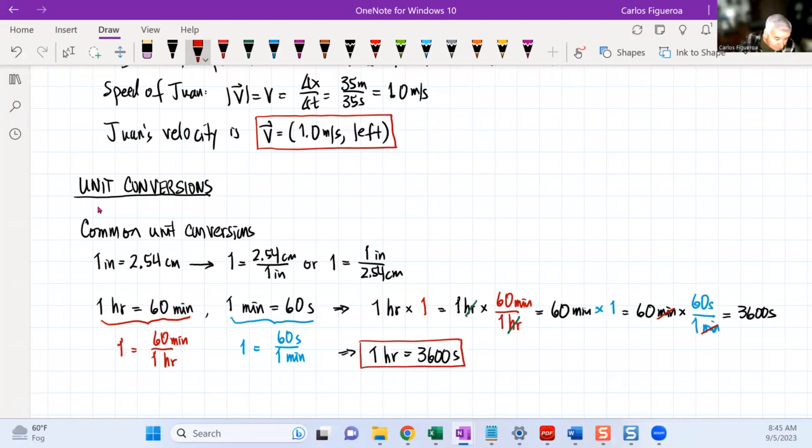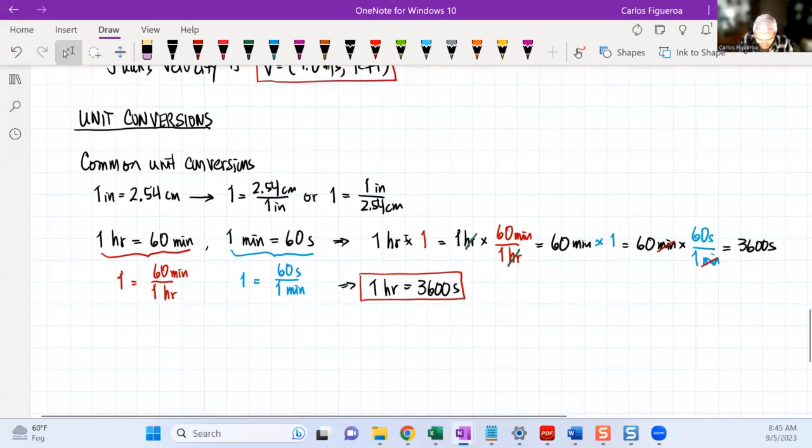Now, that should be fairly familiar. So here we go. Let's look at some examples just to make sure you're well practiced.